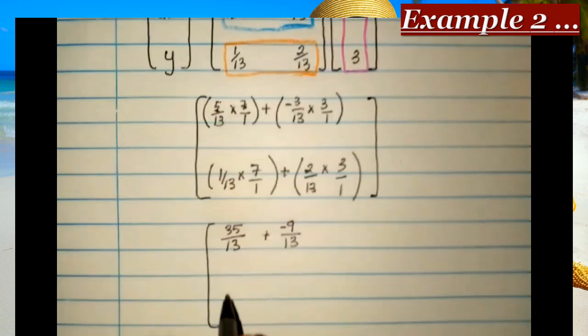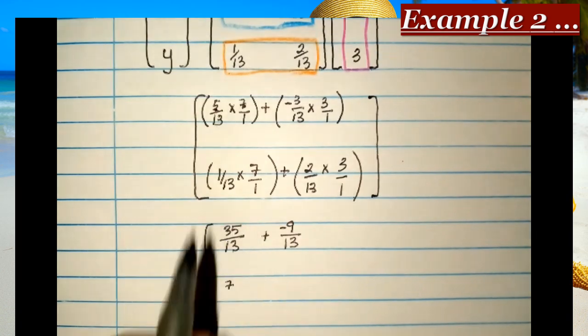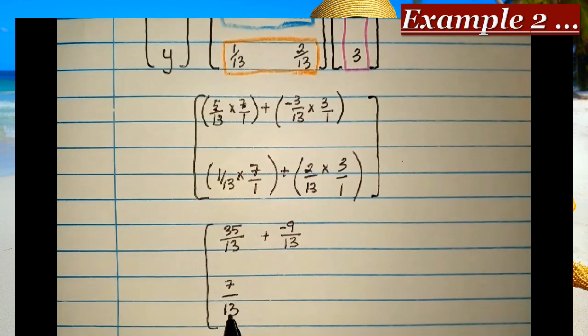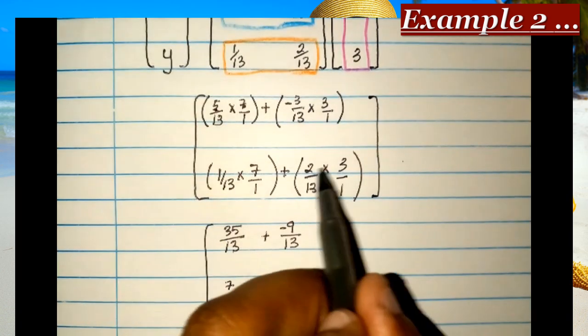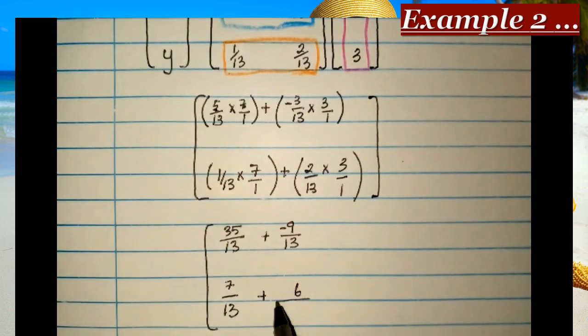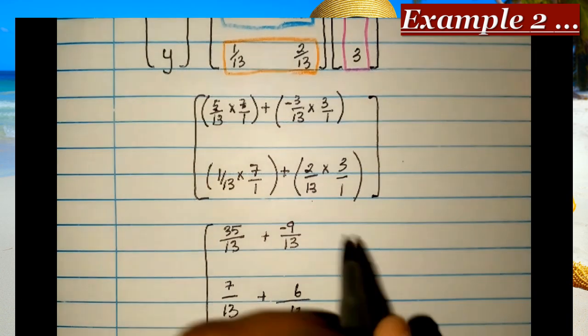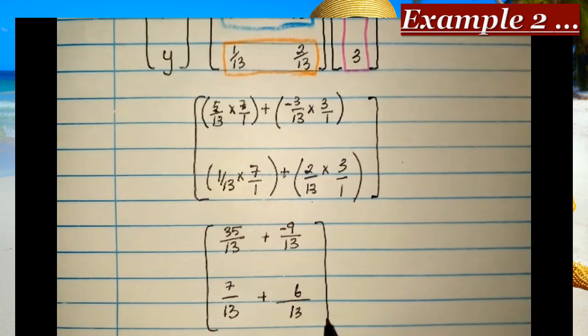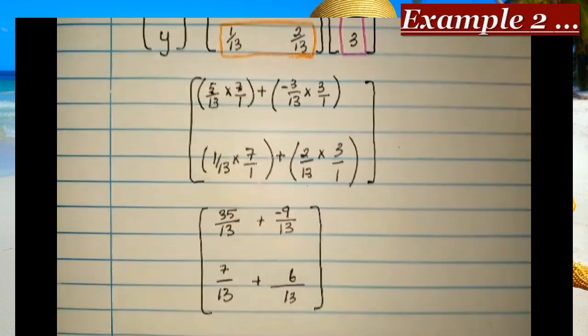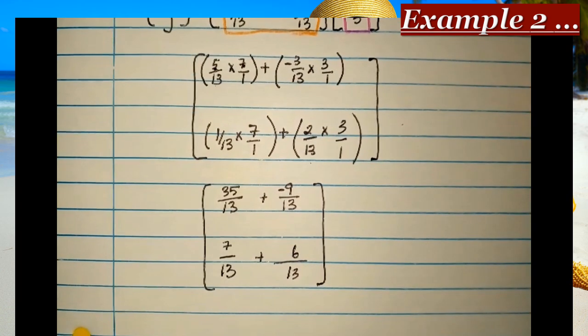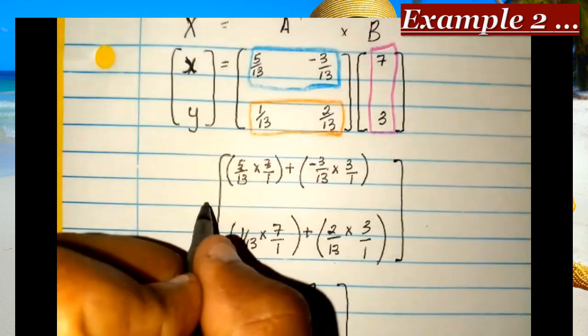1 times 7 is 7. 13 times 1 is 13. Plus 2 times 3 is 6 over 13 times 1 is 13. Now I need to just simplify, right? And if I want to be neat, I can just keep these.